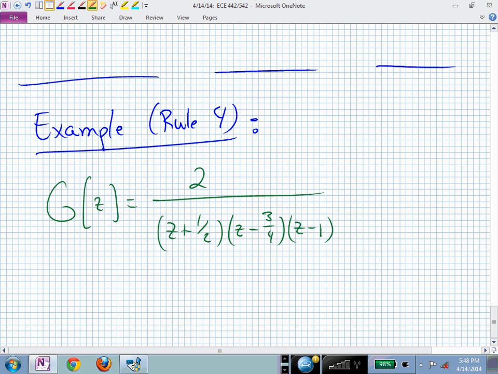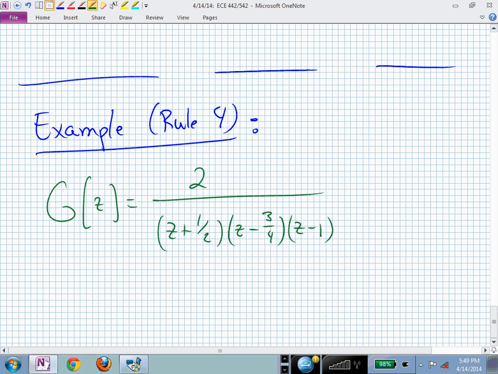We have that poor guy out there on the unit circle at 1. But yes, you could say that's marginally stable. If you excited this with a step, that one would go unbounded with time, that mode at z equal 1. So that's why it's called marginally stable. I really wouldn't want to build this and try to live with it. I would probably put some feedback on it and then see if I could live with it.